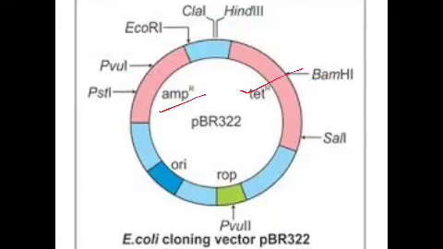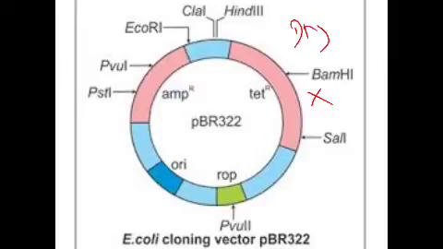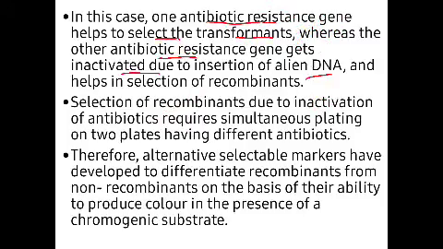That means out of these two antibiotic resistance genes, one is inactivated due to insertion of alien DNA, but the other remains active, so we can easily select which one is a transformant.